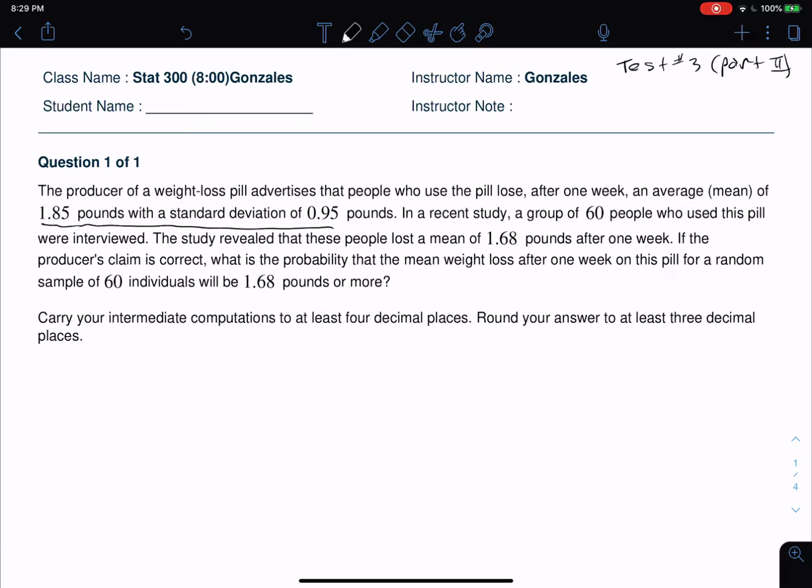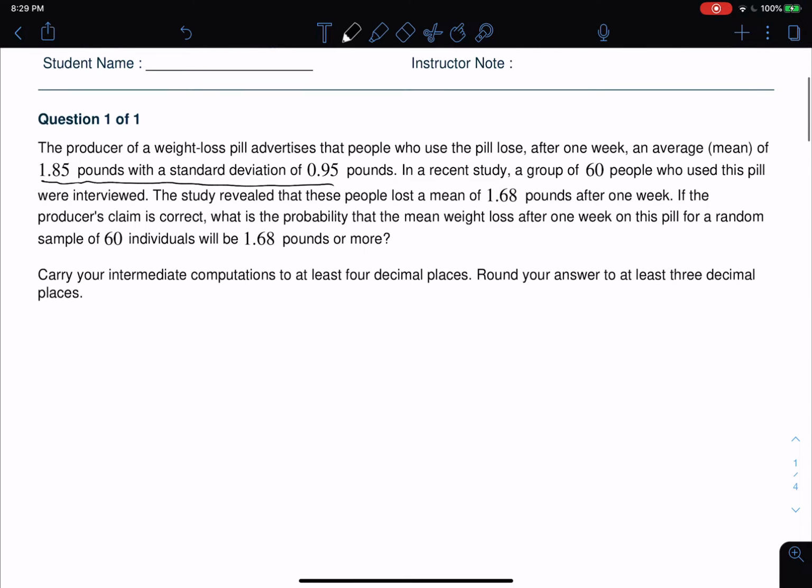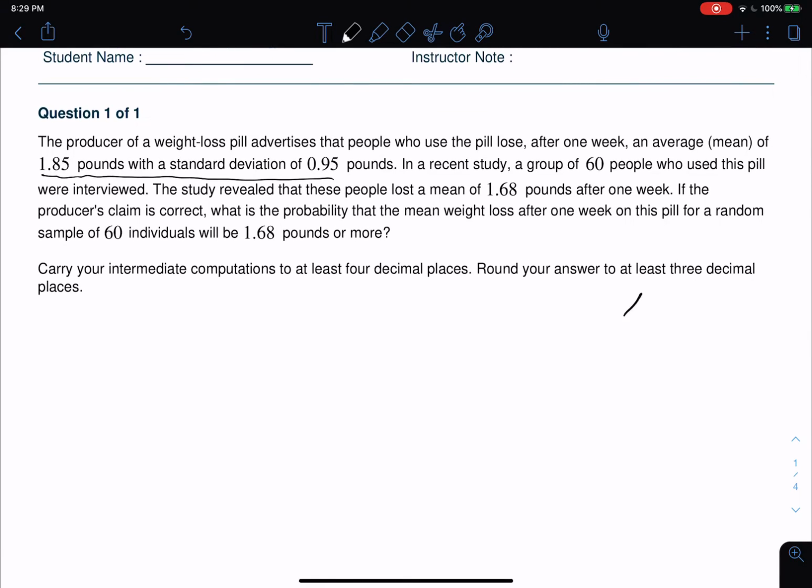This is from the advertiser who is getting this from the population. So the mean from the population would be 1.85, and also the standard deviation from the population would be 0.95.